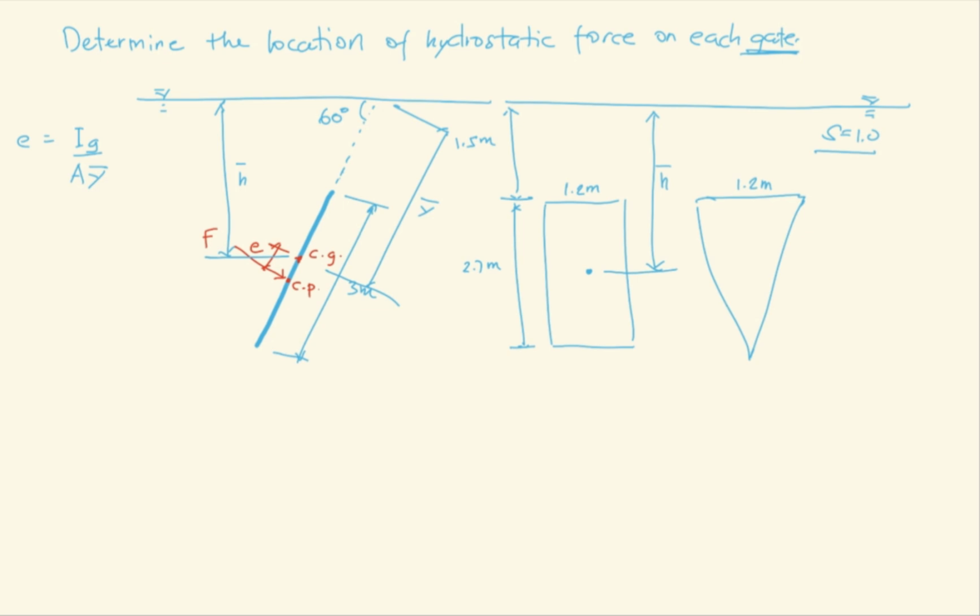Okay, so assuming that the width of this inclined gate having a length of 3 meters is 1.2, similar here, I sub G, moment of inertia will be BH cubed divided by 12, in which B is the width, 1.2, multiplied by H, which is 3 meters cubed, divided by 12.